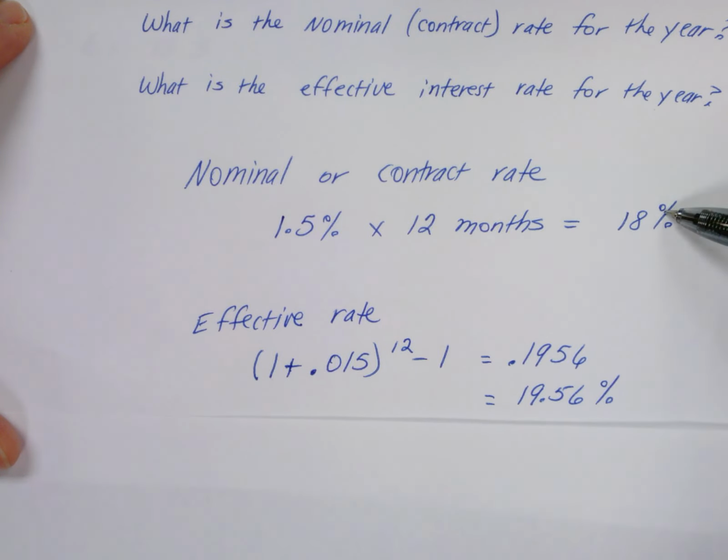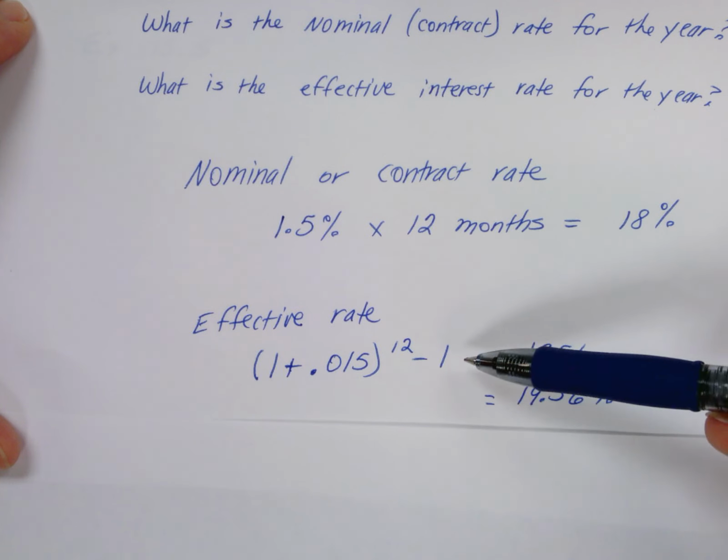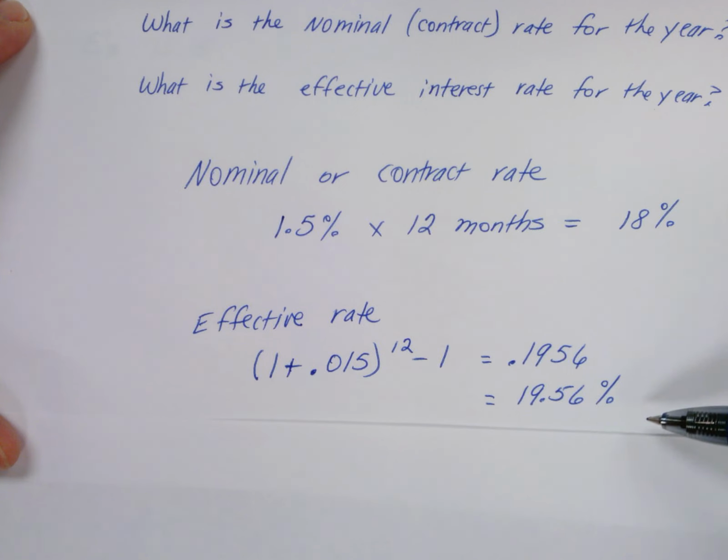So the bank will tell you that they're charging only 18% interest per year, and actually you're paying 19.56%. If this was a credit card balance, you actually pay the effective interest rate because of compounding interest every single month. Then you're paying interest on the interest. So it actually turns out to be a higher effective rate.